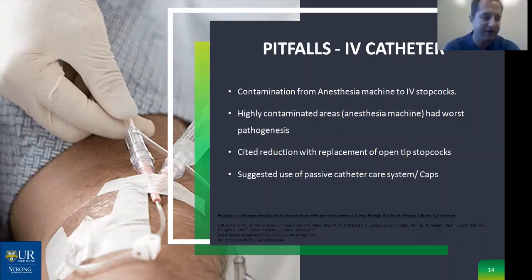For most of our IV tubing here, you can see that's the little blue thing that we can scrub very easily with alcohol, as opposed to the three-way stopcocks. And that's a suggested use of a passive catheter care system in an effort to reduce IV contamination.